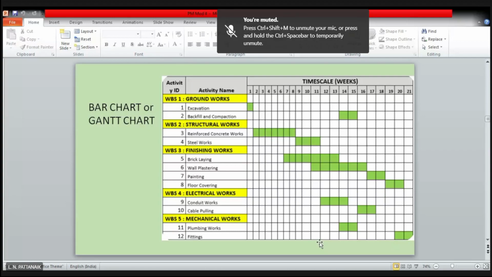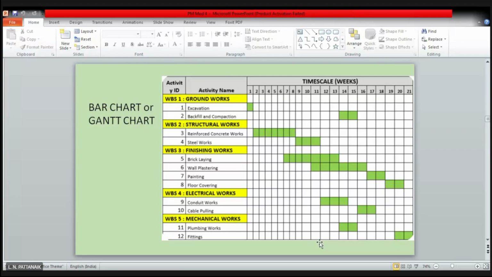Because it is very useful, because at the first look you can see, okay, now we are at a particular time. Suppose this is the 10th week we are passing through from the beginning of the project. So it is expected that our steel work must be at the middle of completion, and maybe the bricklaying is also at the middle of its completion.